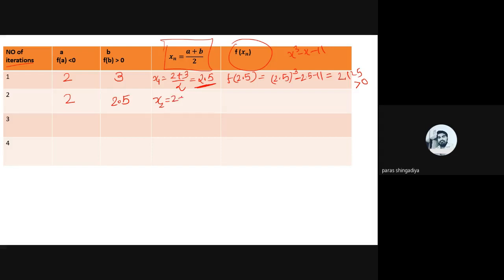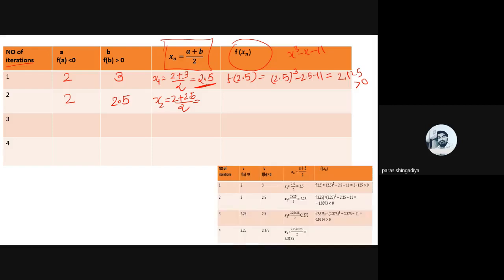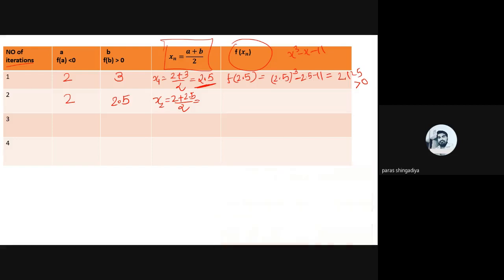So 2 plus 2.5 divided by 2. And what is the answer of 2 plus 2.5 divided by 2? That will be 2.25. You can verify it using your calculator. So 2.25, and now check the 2.25 output. Clear?